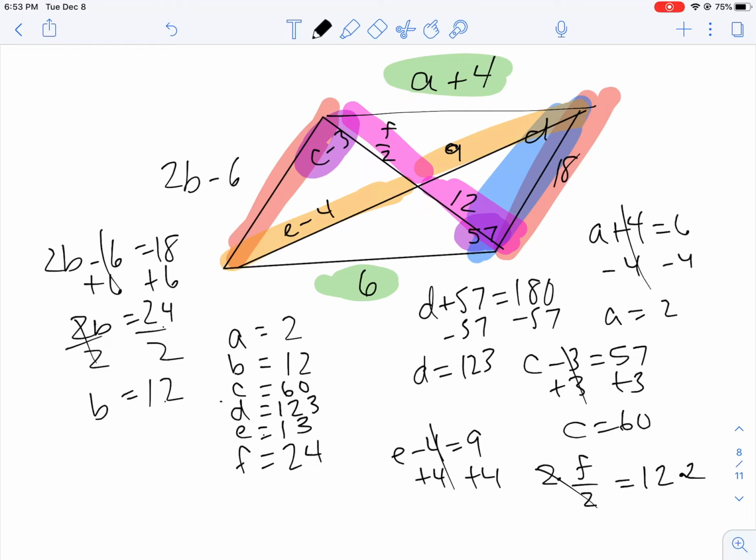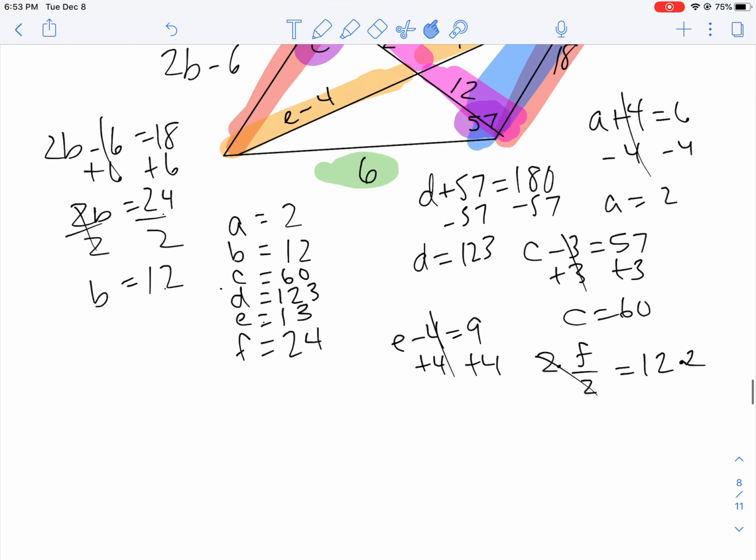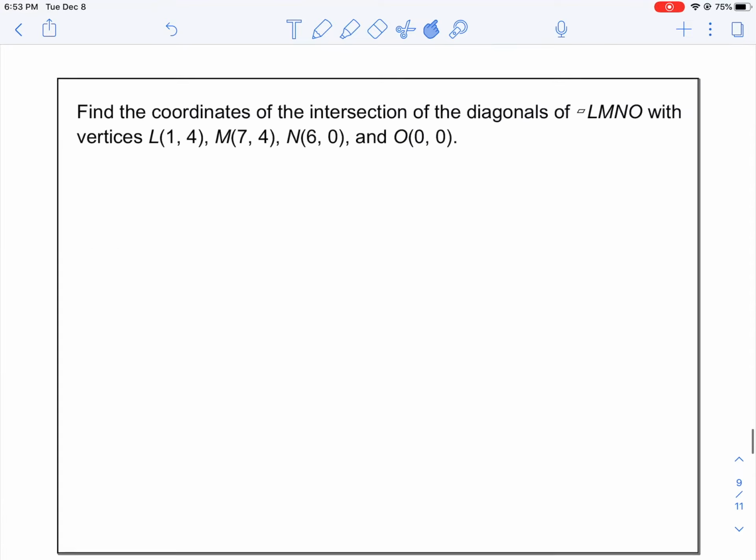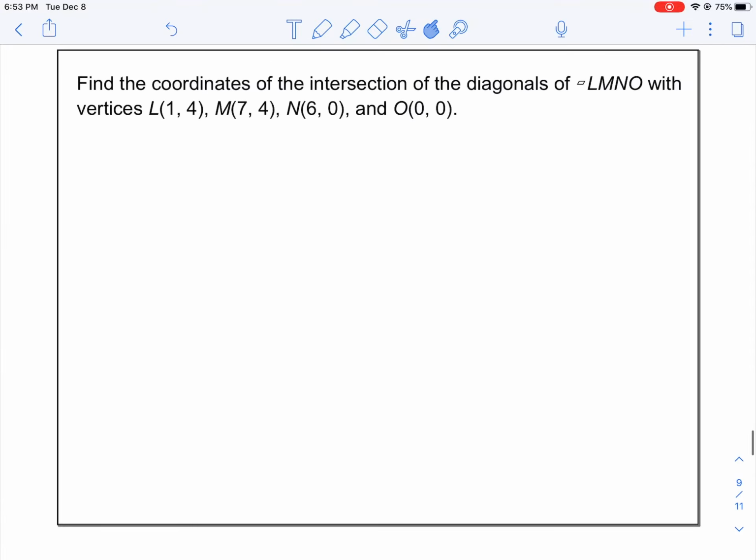Now there's one last part of this section that we need to look at. Now this would be extra credit because this is kind of difficult and not something I'd necessarily expect you to be able to do. But it's finding the coordinates of the intersection of the diagonals. And that's just kind of a fancy way of saying, find the midpoint.